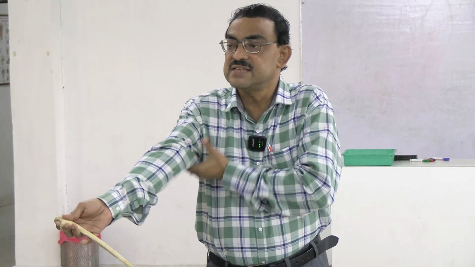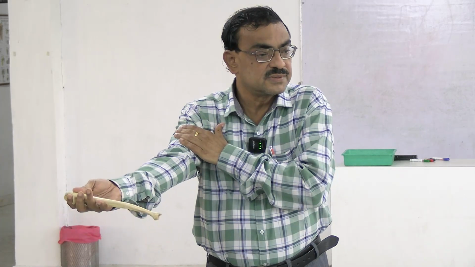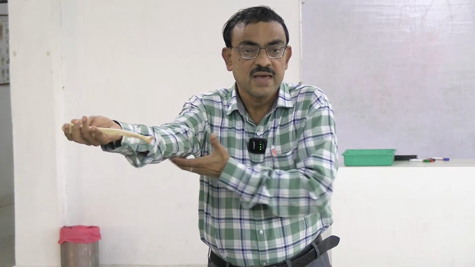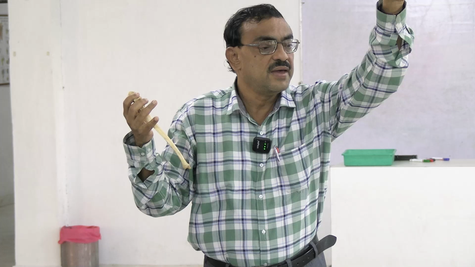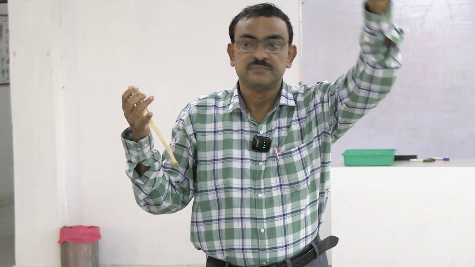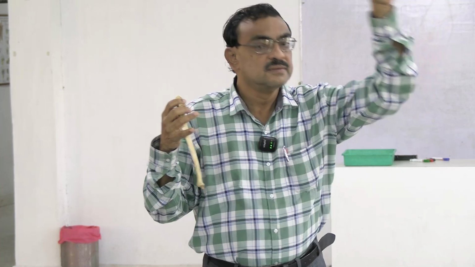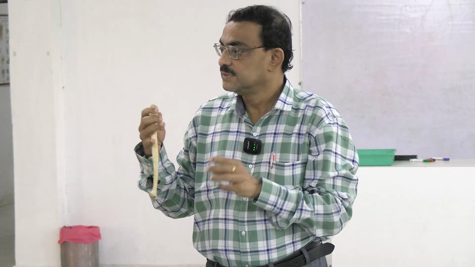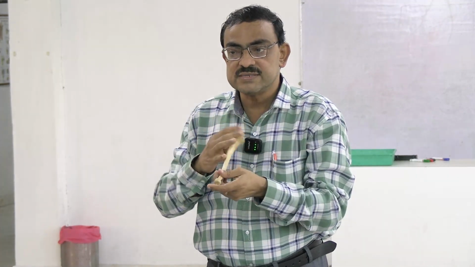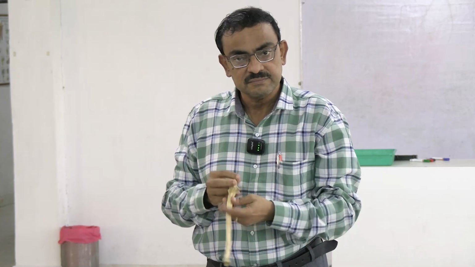We know triceps, we know the biceps. Triceps actually has three heads of origin: long head, lateral head, medial head. All these heads join and ultimately we get a tendon.